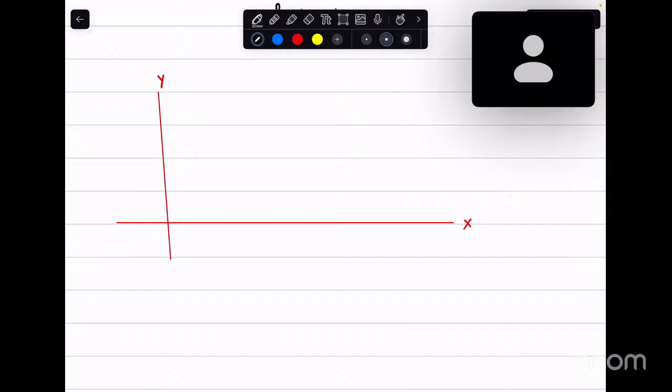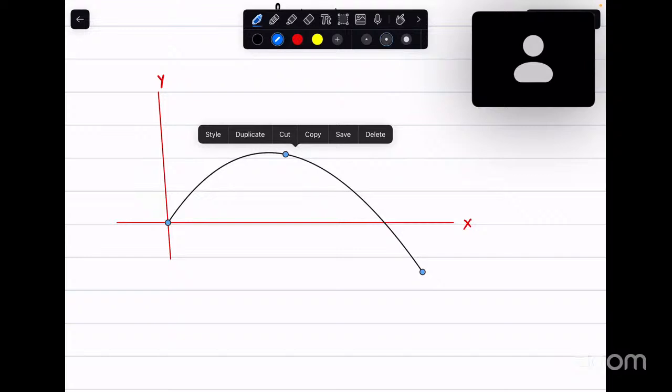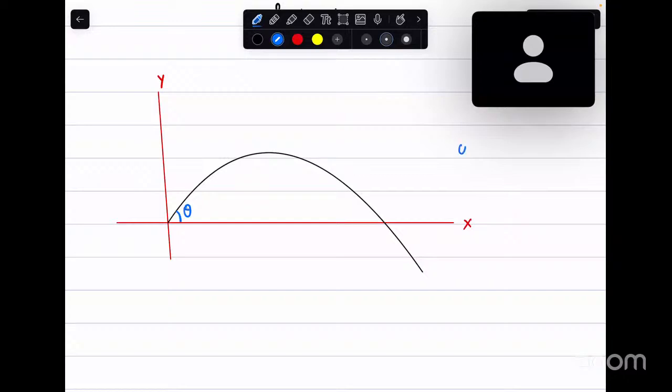So if we project an object at an angle theta, such that theta is an angle in between greater than 0 and less than 90 degrees.